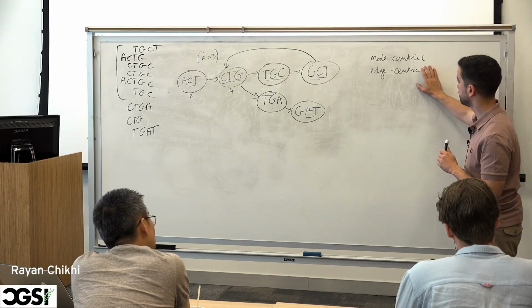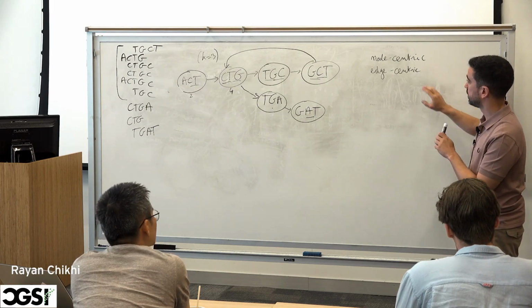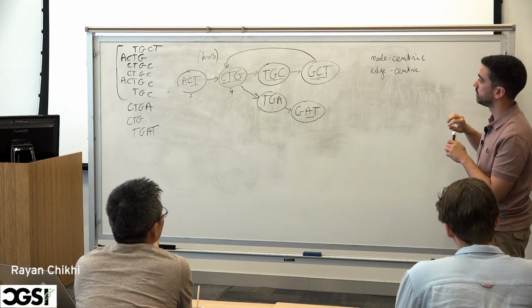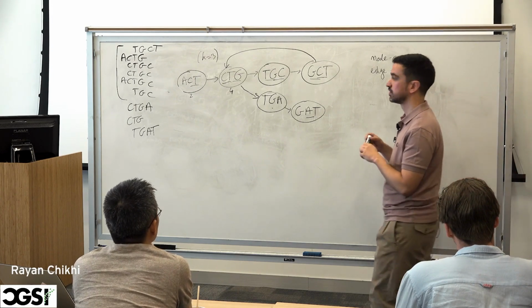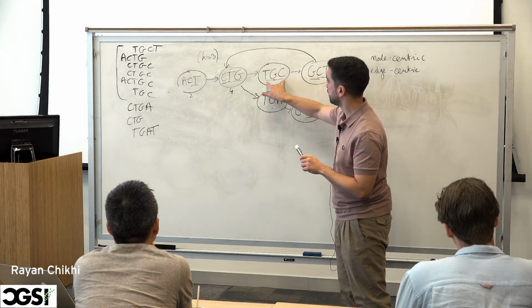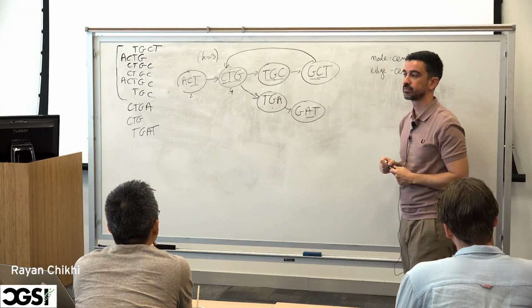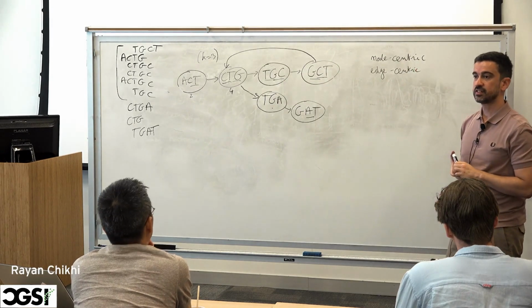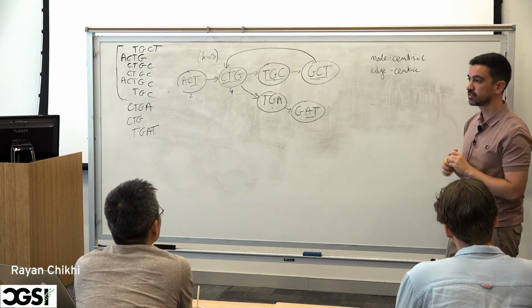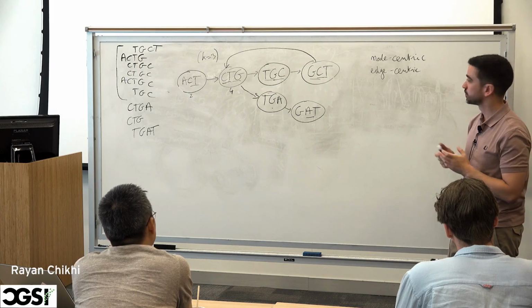Edge-centric is perhaps the more historic definition, where you draw edges when there is real evidence that not the k equal to 3, but the k equal to 4 is present in the reads. So those are two different ways to construct the de Bruijn graph.